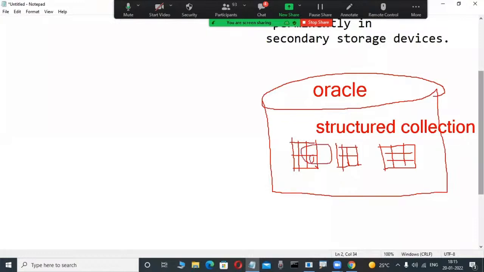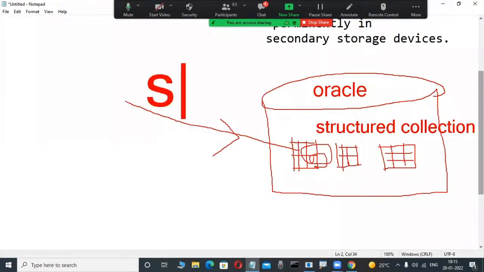Once we have a structured collection of data, we need a language to operate on this data. SQL, the structured query language, is that language. Through this language we operate on structured data in relational databases.